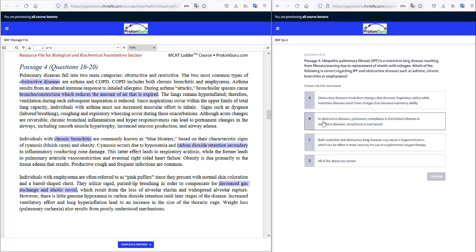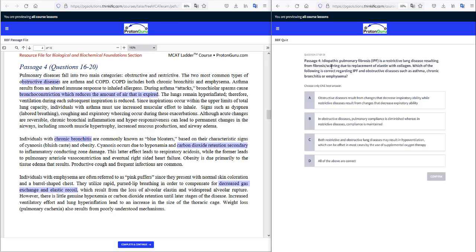Let's look at B. This talks about pulmonary compliance. Now, pulmonary compliance is related to the lung's ability to distend. If you make the lungs less flexible or stretchy, less compliant, you will have less pulmonary compliance. So we're told about some of this replacement of elastin, which allows for flexibility and stretching, with collagen.